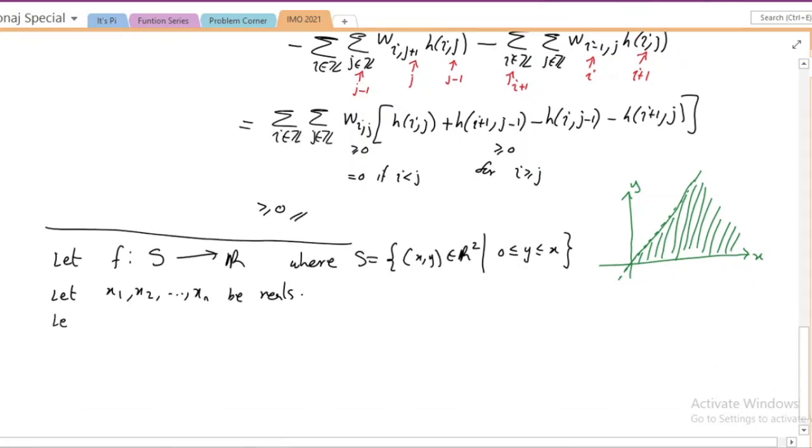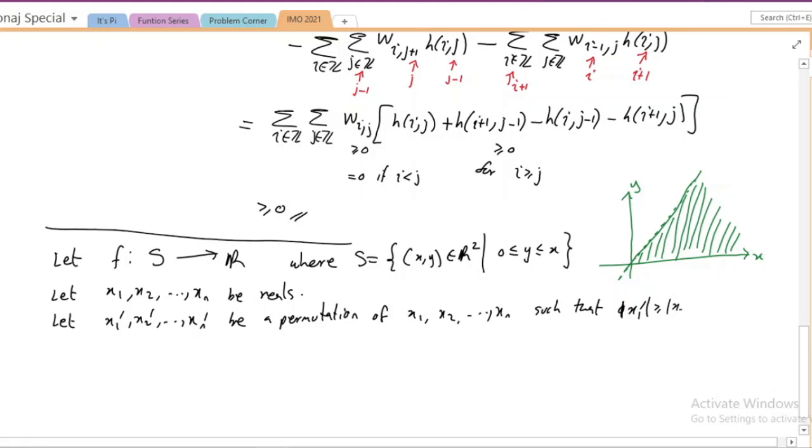So now we're going to adjust this to our liking. We're going to permute, take the absolute values of these and then reorder them. So let x1 prime, x2 prime, ..., xn prime be a permutation of the original numbers, such that x1 prime is greater than or equal to x2 prime, and so on.